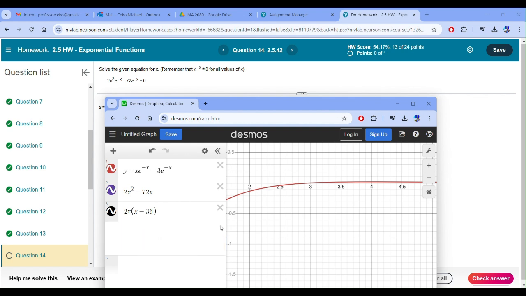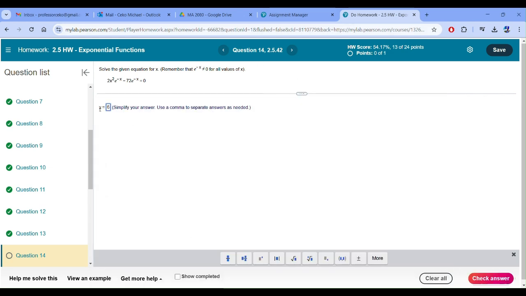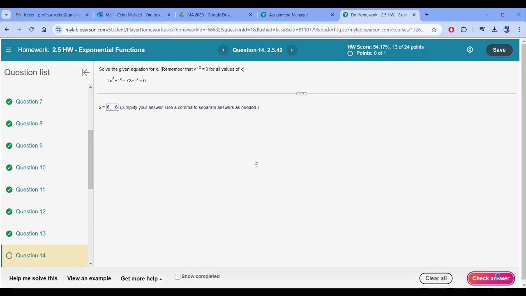It's 36. Oh, 2x squared. Oh, there was no x to it. Dang it. My bad. So this was 2x squared minus 72, so x squared minus 36. So then that's going to be 6 and negative 6. There we go.